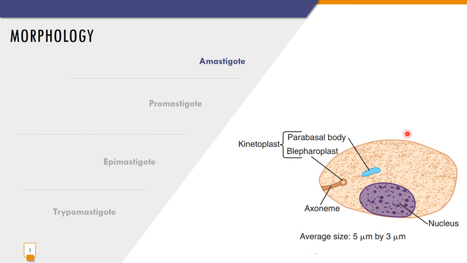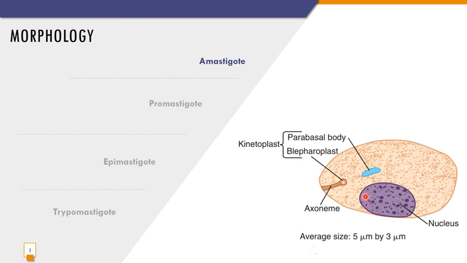Okay? So the amastigote contains a nucleus, a basal body. Here is the nucleus. We have the basal body and the blepharoplast. The large single nucleus is typically located off-center, or eccentric.